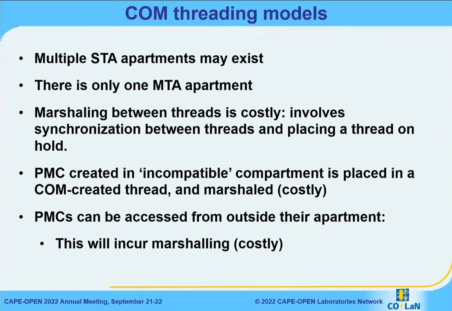The PME initializes the threading model on a particular thread and then goes on to creating a PMC on that thread. And if the threading capabilities advertised by the PMC do not match the threading model that is initialized on the current thread by the PME, Windows will actually create the PMC for you in a different thread that is allocated by the Windows COM machinery, and will set up marshalling to that PMC for you, which means that because it lives in a different thread, the marshalling is actually pretty costly.